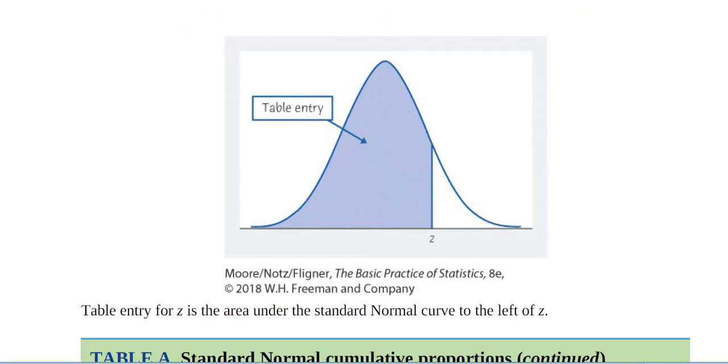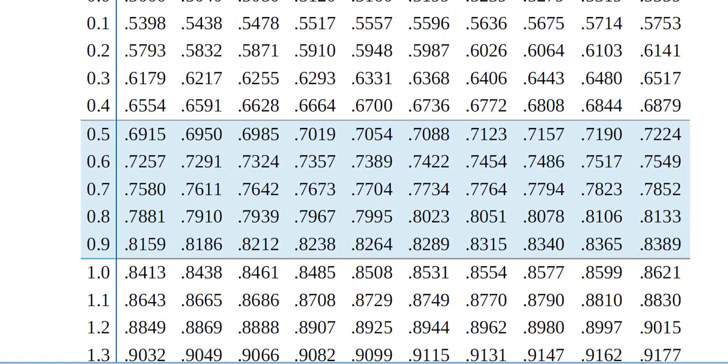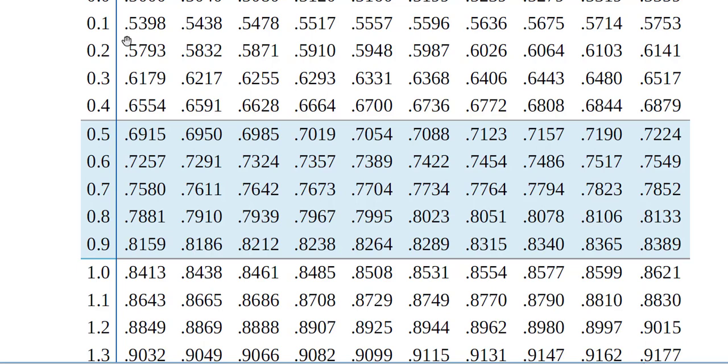We're trying to find 0.21 something, so we put these numbers together: this z-score reads 0.21. We have 0.2142 as our z-score, and rounded it would be 0.21. That tells us that our cumulative proportion is 0.5832.